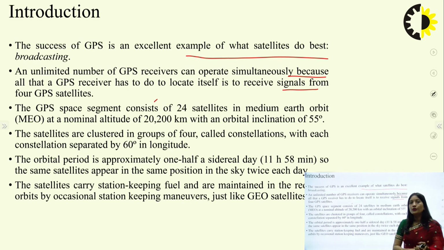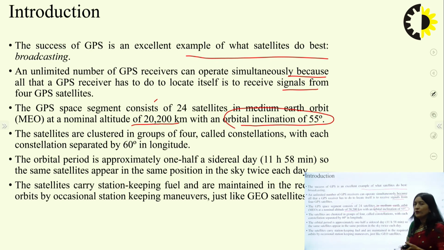Now we come to the technical part of this system. There are 24 satellites working in collaboration with each other in MEO, or medium Earth orbit, at an altitude of around 20,200 kilometers from the surface of Earth, with an inclination of 55 degrees.